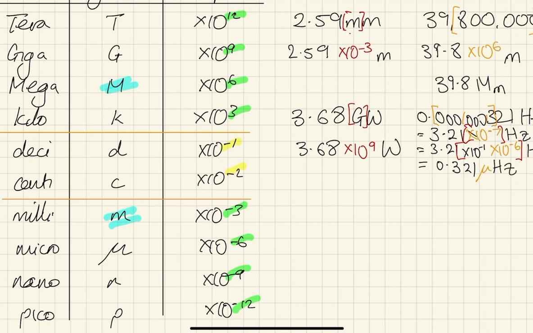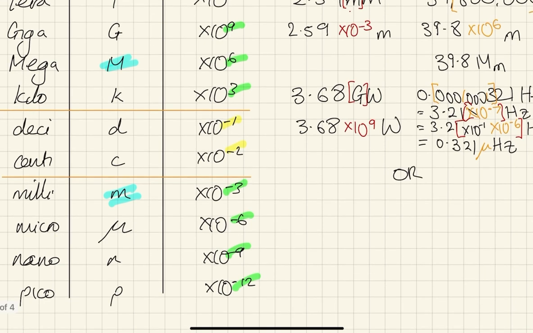Another way of doing this is actually making it even smaller. So here, let's rewrite the number. Instead of using 7, I'm going to change it so it goes 1, 2, 3, 4, 5, 6, 7, 8, 9.